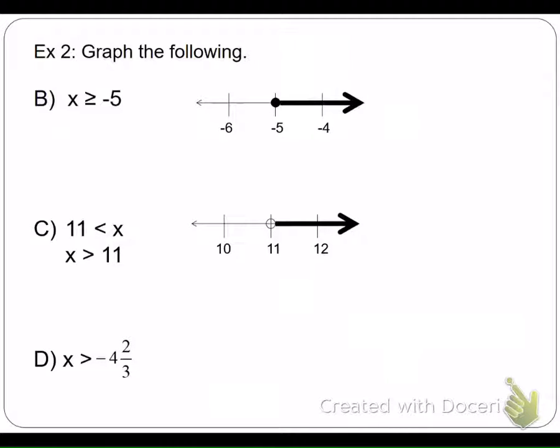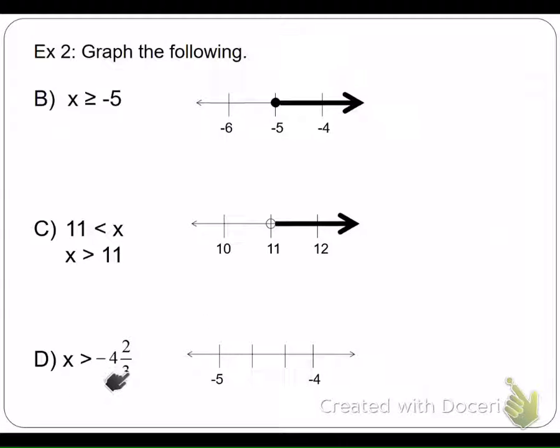Part D. Getting interesting. I am going to show on the number line the two numbers to the left and to the right of the fraction I am talking about. So I have -4 and 2/3. I want the -5 and the -4.